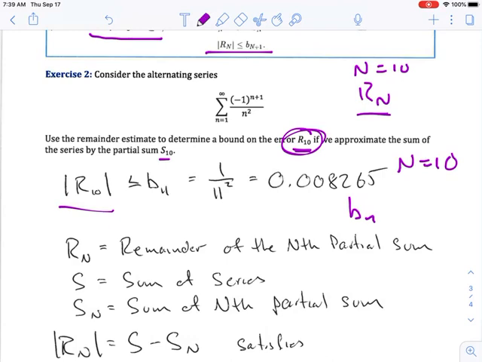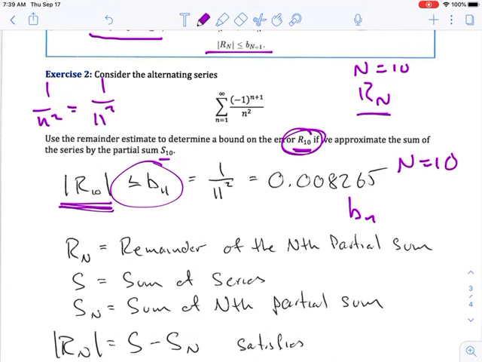So this is saying that the remainder of the 10th partial sum is less than or equal to my b sub n evaluated at 1 more than capital N, which is 11, so it has to be shown that it's less than or equal to b sub 11. So what that means is that we evaluate 1 over n squared, where we substitute 11 in for n, 1 over 11 squared.